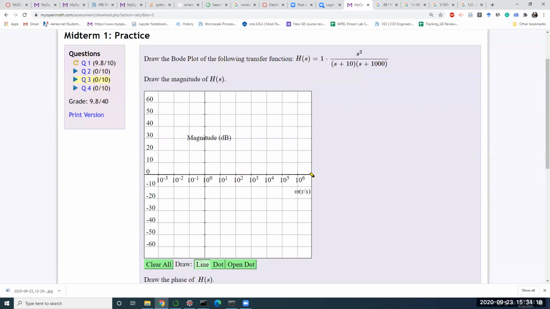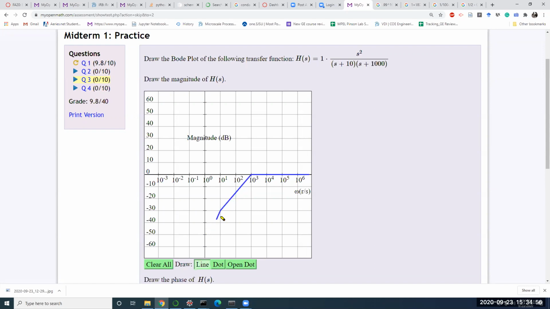So it's actually easier to draw backwards. Gain is 1, which is 0 dB, and then at 1,000, every decade I go down 20 dB. The point of interest is 10, because when I get below 10, it's going to be S squared divided by a constant.